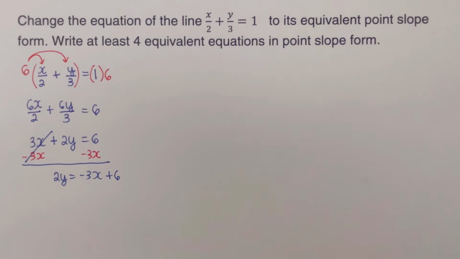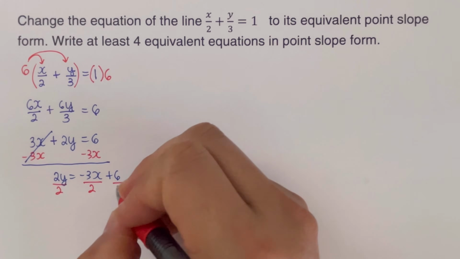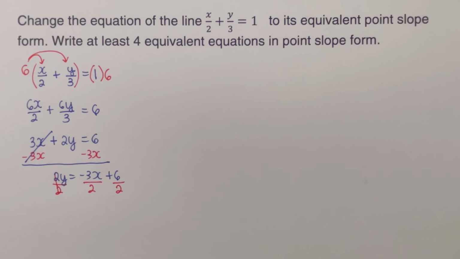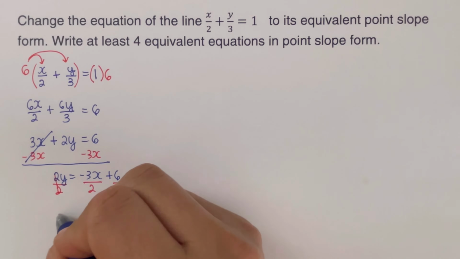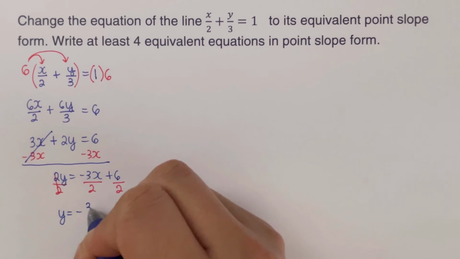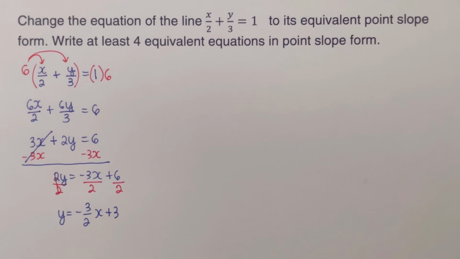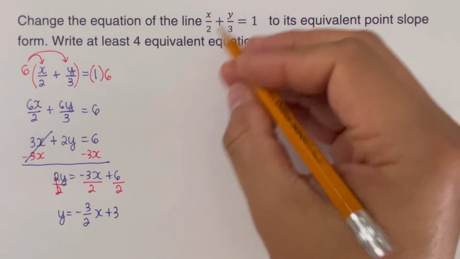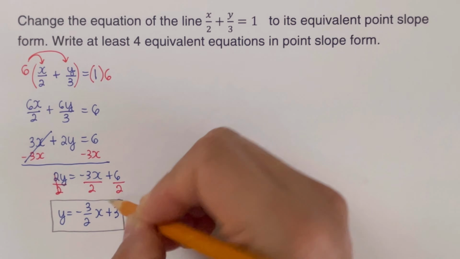Then we are going to divide both sides by 2 so that we can isolate y by itself. So our slope-intercept version of that two intercepts form would be y equals negative 3 over 2 x plus 3. Again, this is our slope-intercept form for that two intercept form. So I'm going to write that down here.